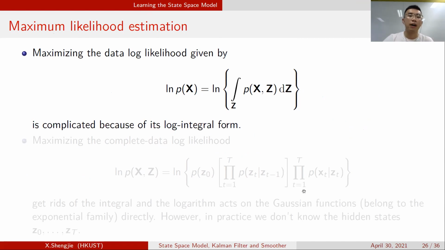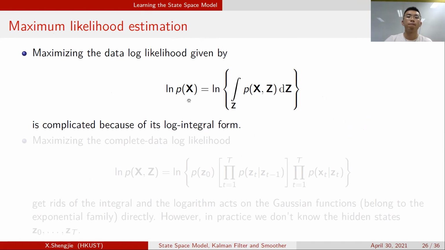When we start off our learning theory, the most important one is called maximum likelihood estimation, which means we're trying to maximize the data log likelihood. It is written in the following form. As we can see, our objective is the data log likelihood.